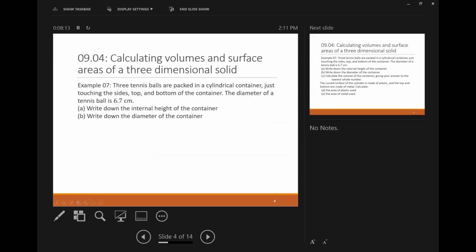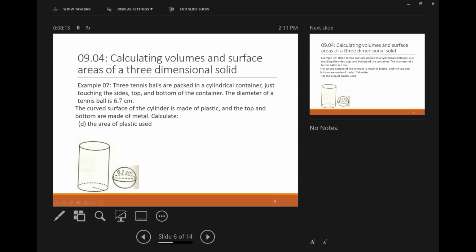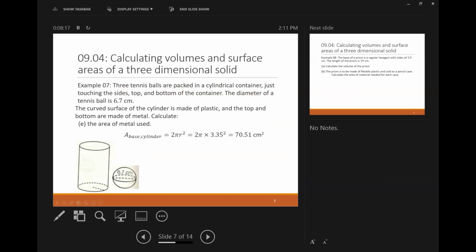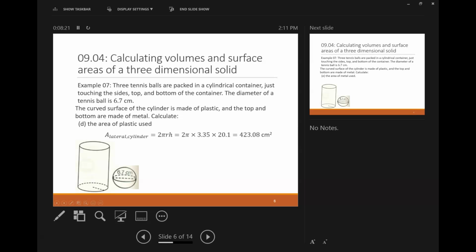That's what I'm using there. To get 423 and change. Is everybody okay with that?